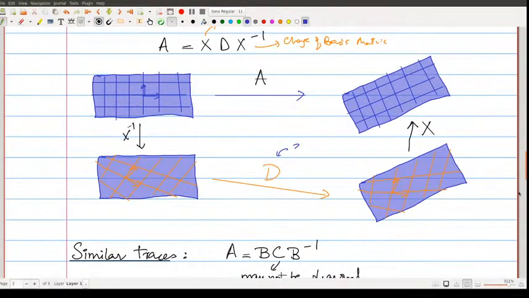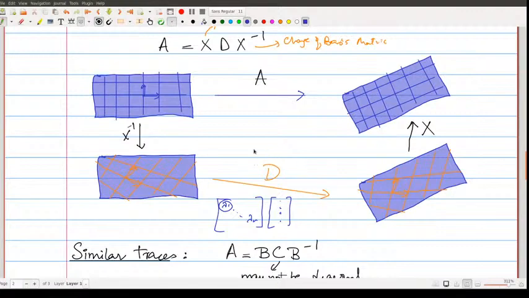What's nice about this diagonal matrix is that when you multiply by a diagonal matrix, lambda 1 to lambda n, each of the components will just be multiplied by lambda 1, and so on.